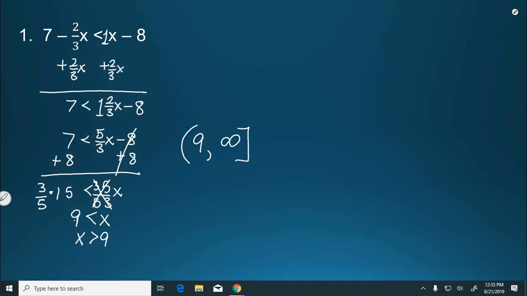Oh, also, I forgot. Because we want to now figure out, well, what would be the smallest possible integer that actually satisfies this? Since it says x is greater than 9, the first integer that actually satisfies this would be 10. Okay, and 10 is the smallest possible integer value.